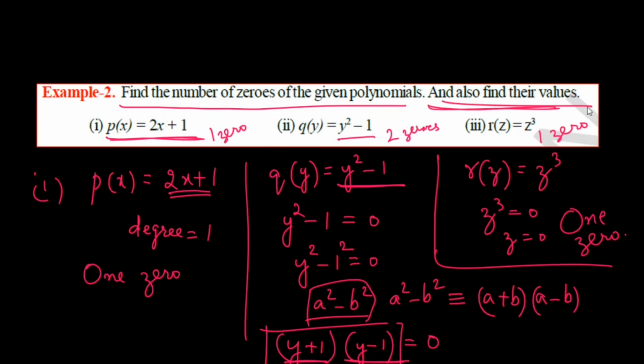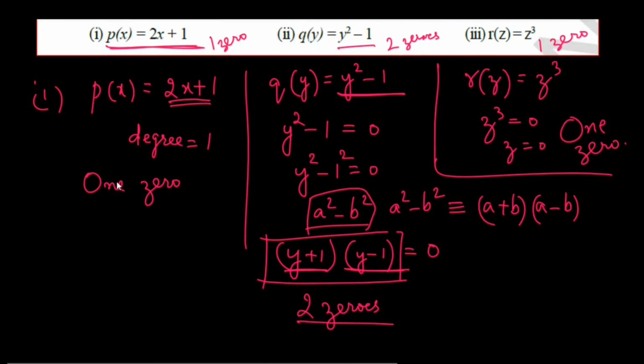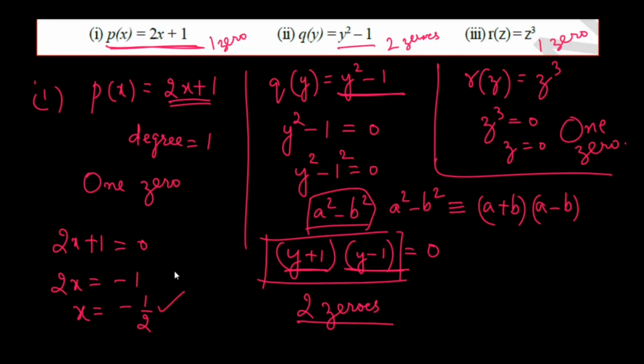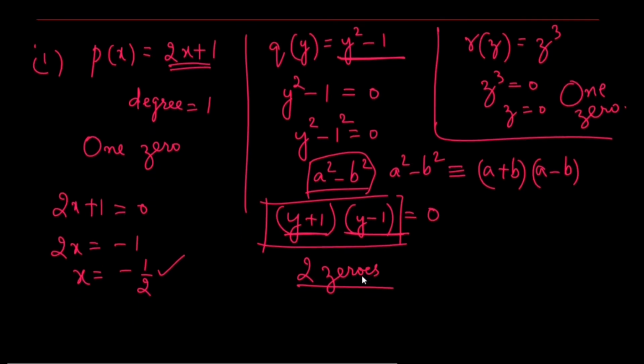Find their values. So here we will equate 2x plus 1 to 0. So 2x is equal to minus 1. X is equal to minus 1 by 2. Minus 1 by 2 is the zero of 2x plus 1. Here we have two zeros.